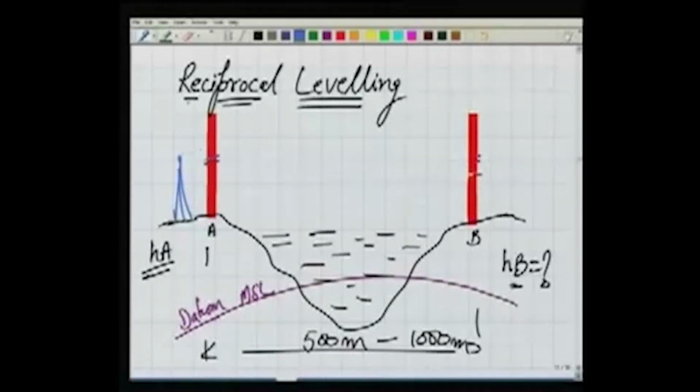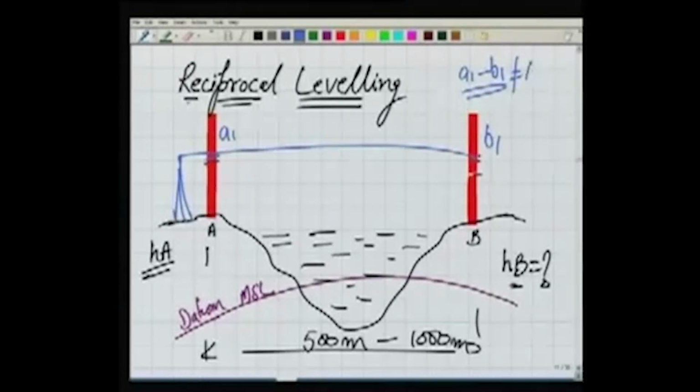like this, and I take the observation, somewhere here I read, if I take observation A1 and here B1, A1 minus B1 will not give me delta HAB, the difference in elevation between A and B. It will not give me that because of the errors. We know that already.